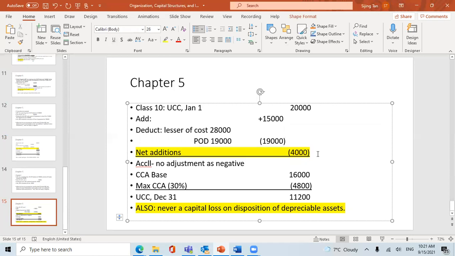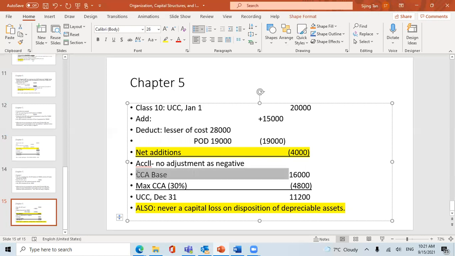Because it's a negative net addition, we do not need any adjustment under the accelerated investment incentive rule. Right? That's what we talk about a lot of times: net addition always equals addition deduct disposition, and it cannot be negative. So there's no adjustment for AIIR.